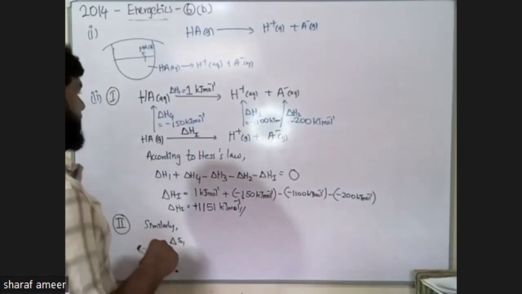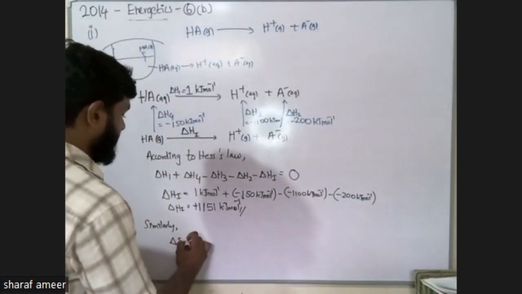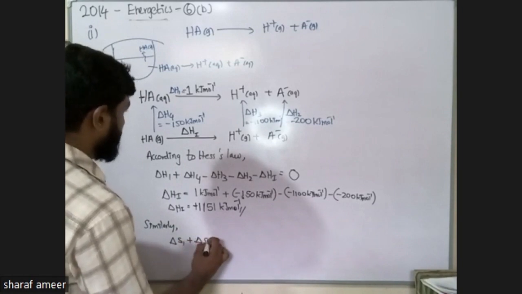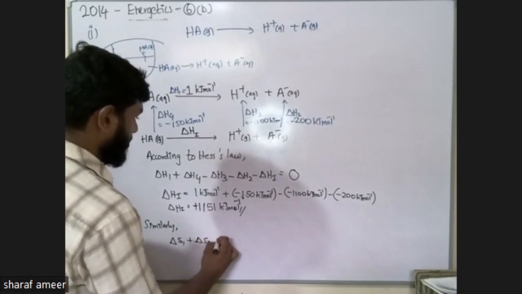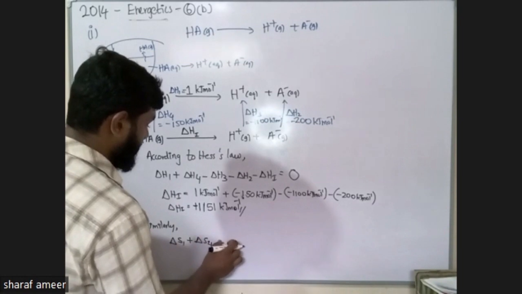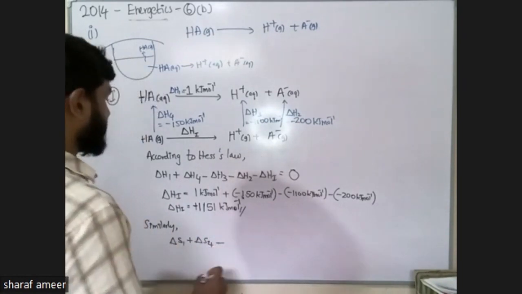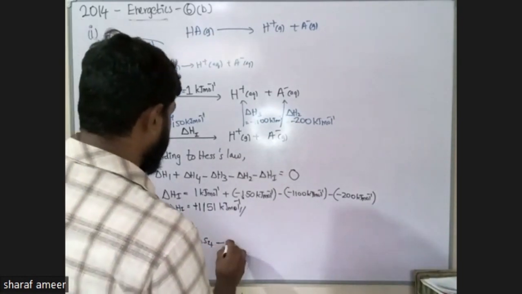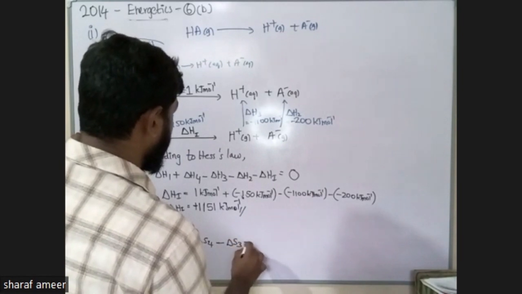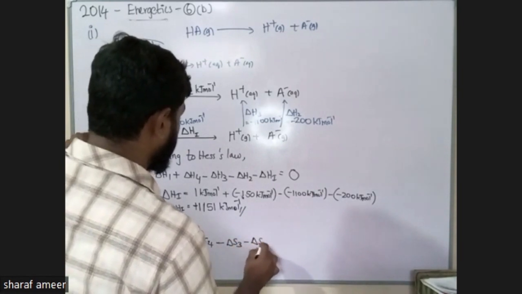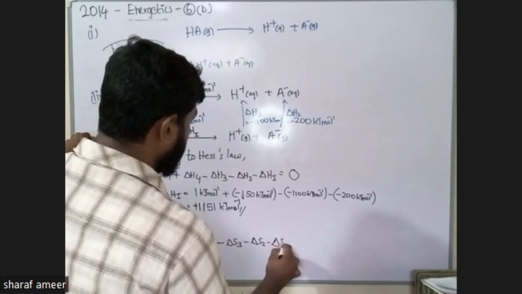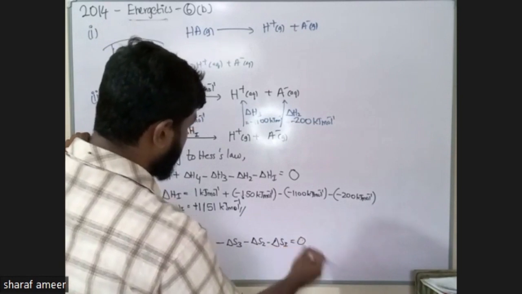So delta S1 plus delta S4 minus delta S3 minus delta S2 minus delta S Roman number 1 must be equal to 0.